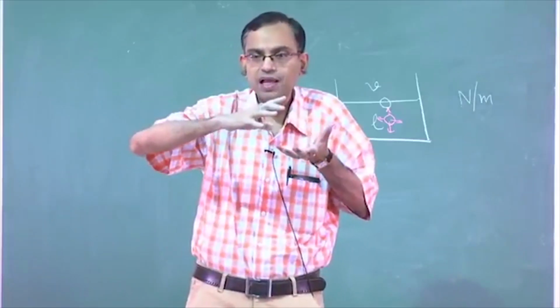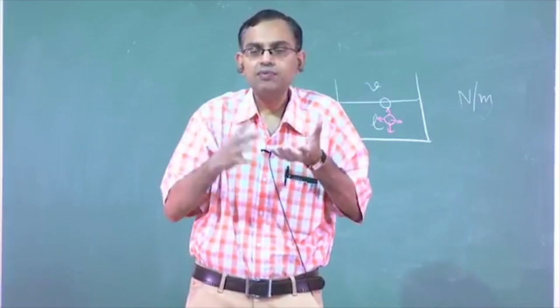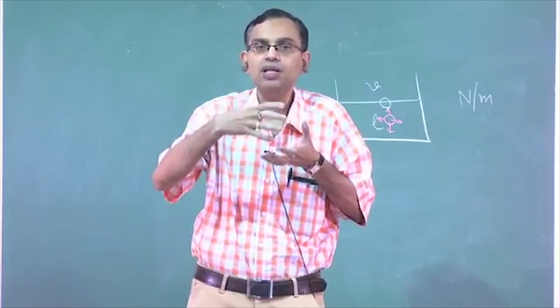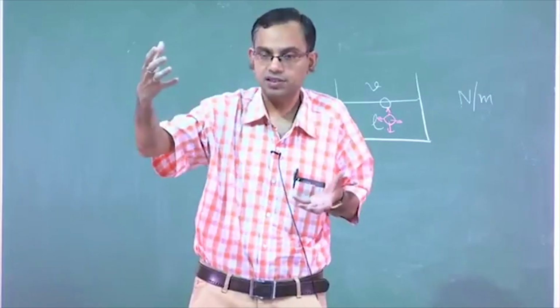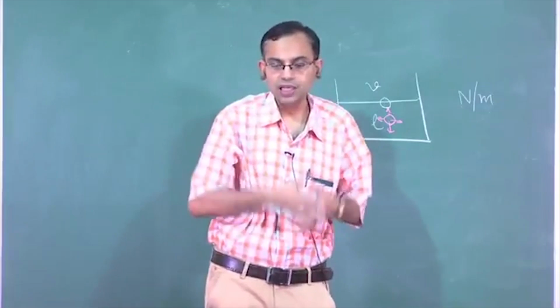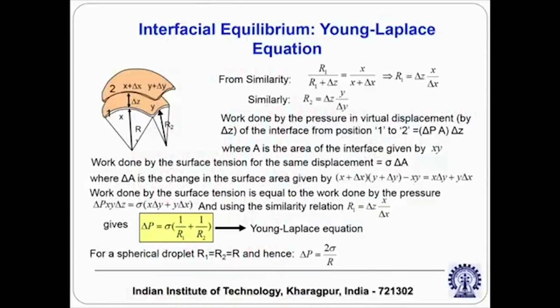Now, you can see that we have a membrane, this membrane is stretched because of the pressure difference, and by virtue of the pressure difference there is a work done, and this work actually supplies the necessary surface energy for allowing it to stretch. That is the basic physics that is taking place. So, there is a work energy interaction. What is the work energy interaction? You look into this equation.